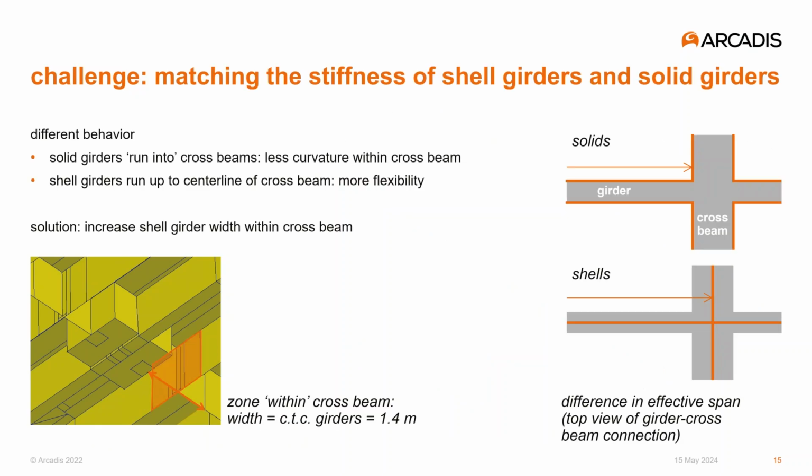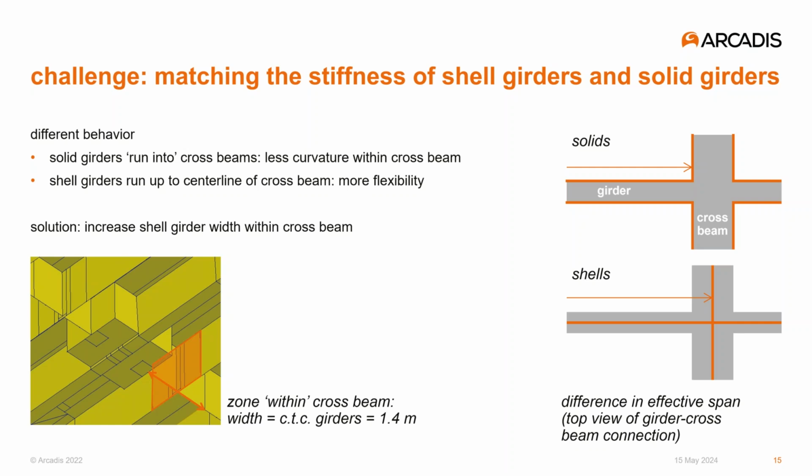Our decision to model both with shell elements and solid elements gave us some things to think of. The first one was the linear elastic stiffness of the structure. In the first calculations, the solid parts proved to be stiffer than the shell parts, and hence the governing girder attracted more shear force than the neighboring girders. And of course, that doesn't help when you want to prove more strength.